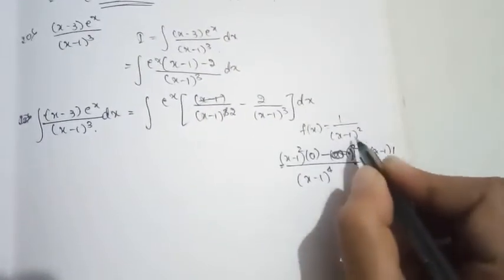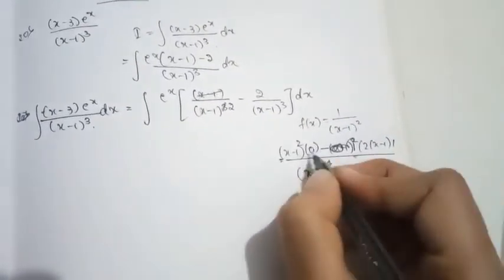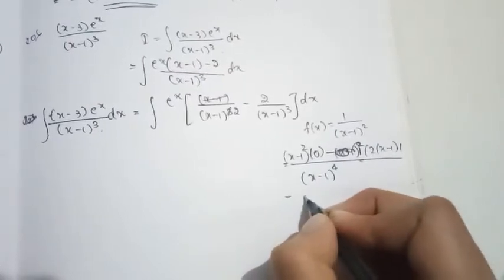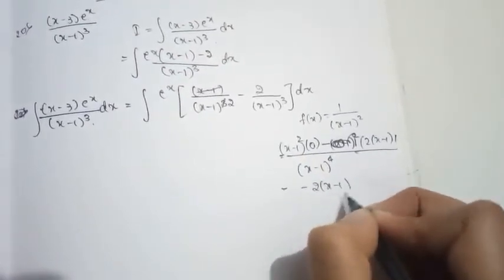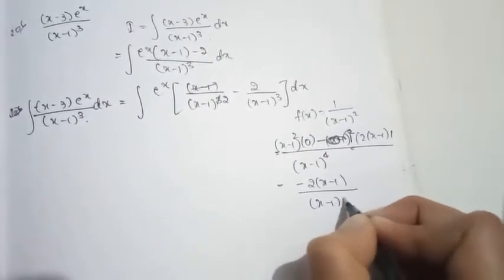So this is the differentiation of (x minus 1) whole square. So this part is 0, and remaining is minus 2(x minus 1) divided by (x minus 1) to the power 4.